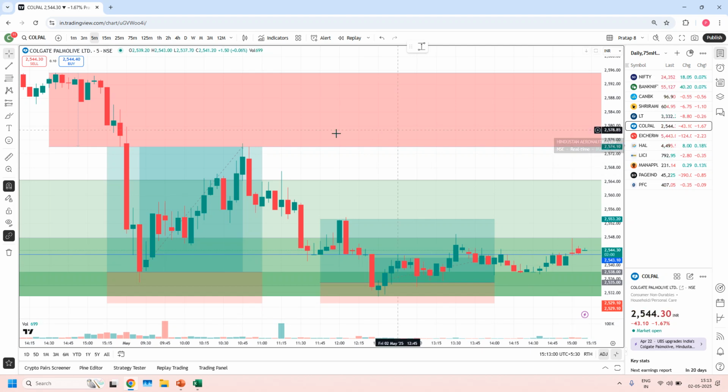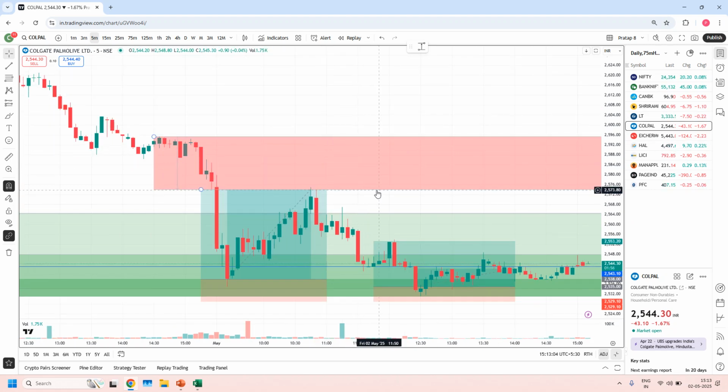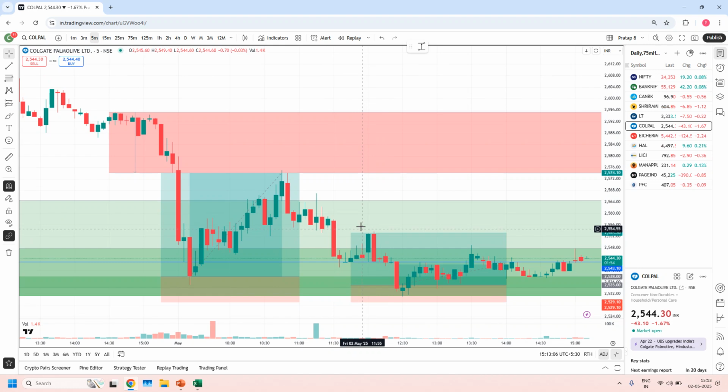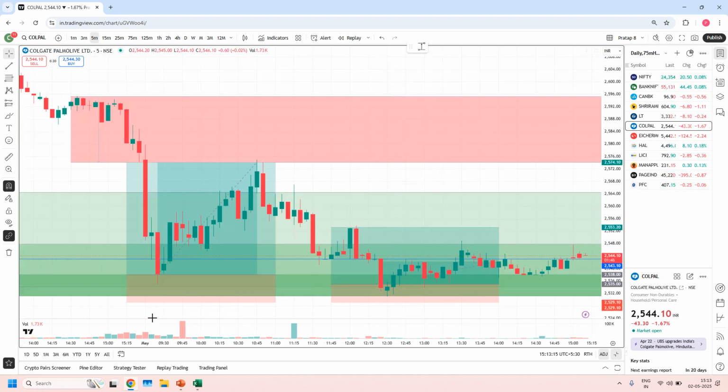Then what to do? See, for all the 10 stocks, we are completing our analysis before starting the market. What you can do, apart from completing the analysis for all the 10 stocks, is add alerts. For example, if you look into this stock, this is my entry point, right? So before price enters, maybe 0.1% or 0.2% or maybe 0.3% before this stock.